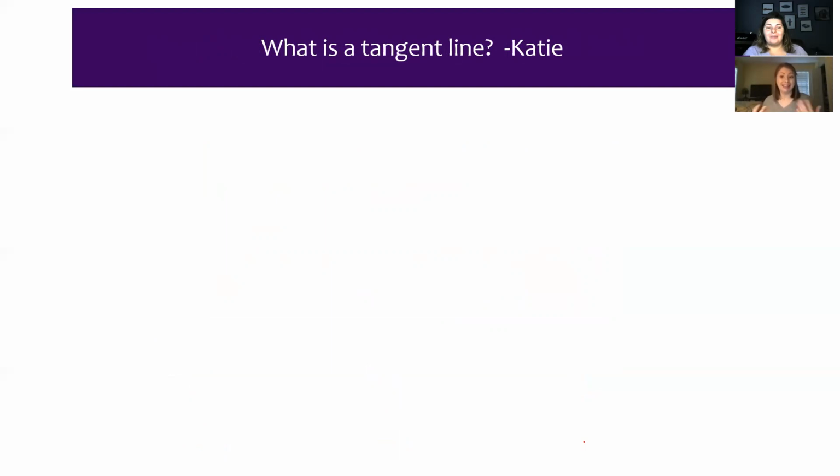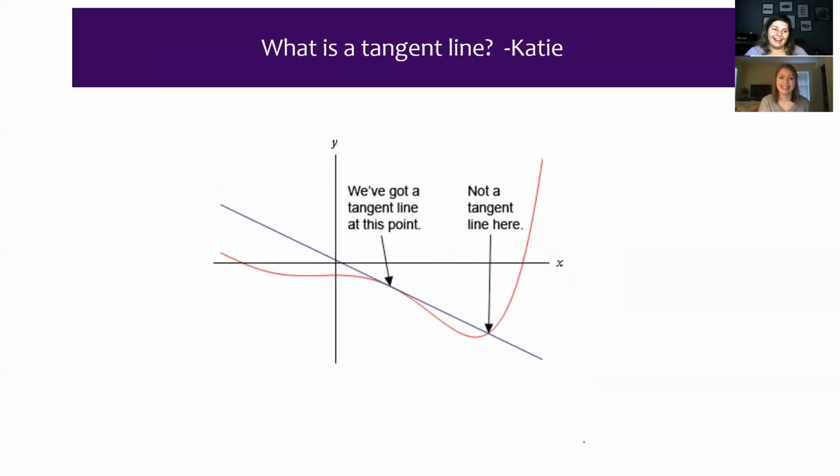So, going on to the next one, what is a tangent line? A tangent line is a straight line that touches a curve at one point. We see here it's a straight line touching a curved line here.